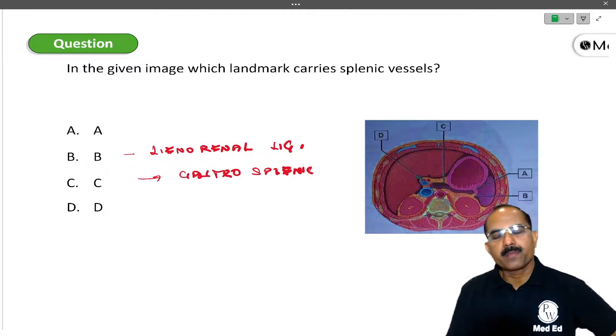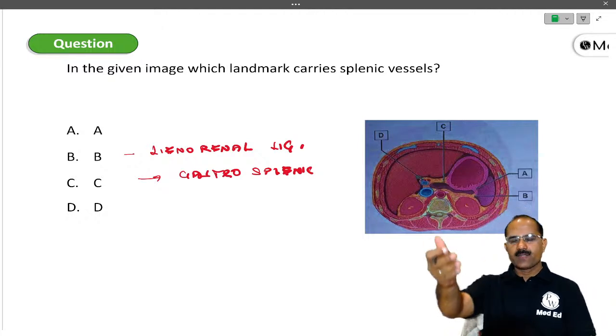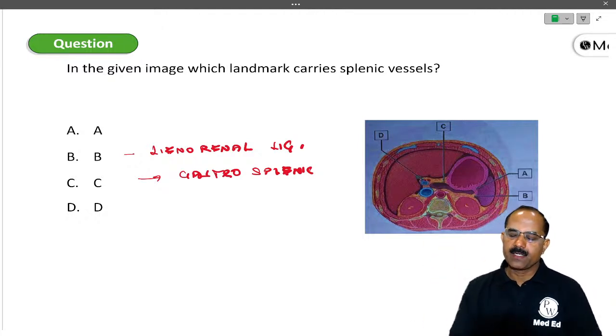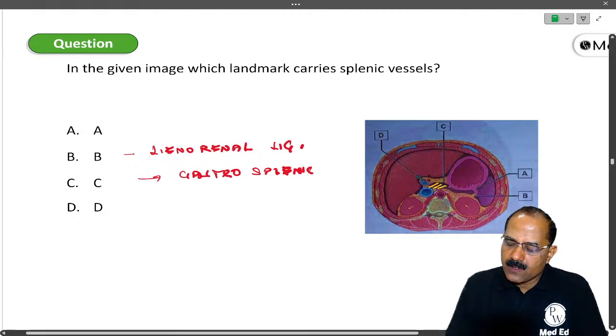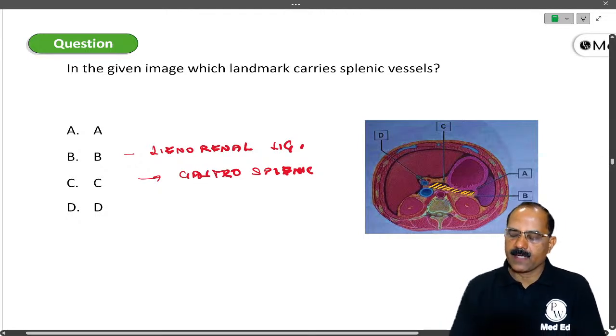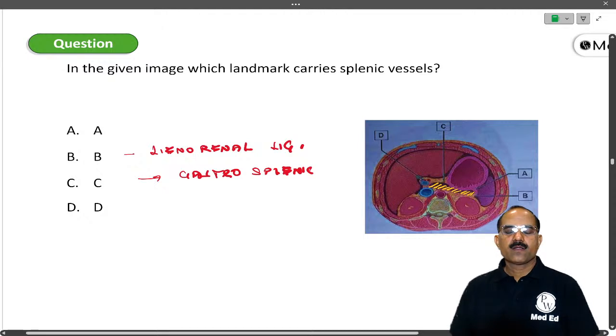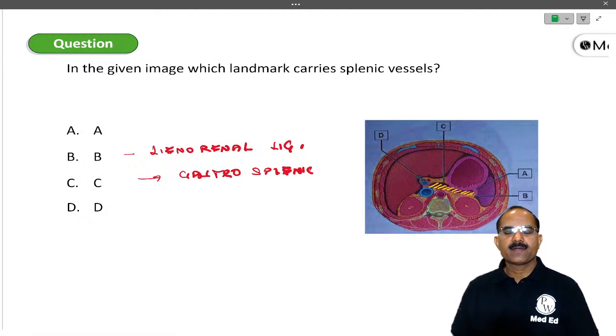And the left gastroepiploic vessels. Short gastric vessels and the left gastroepiploic vessels. Gastrosplenic ligament. This is lesser sac. ये देखो बच्चों, this cavity behind the stomach is the lesser sac. Okay, that cavity behind the stomach is lesser sac.